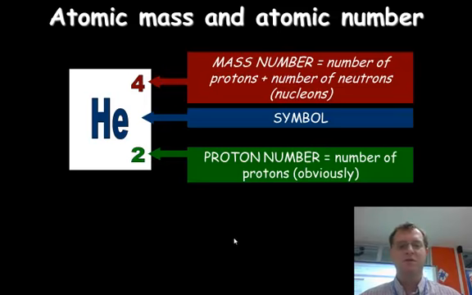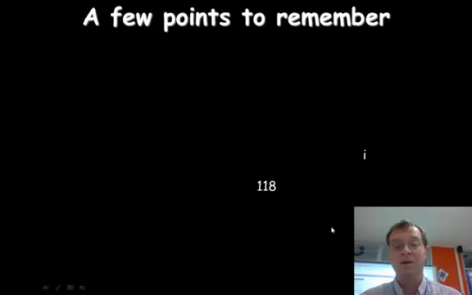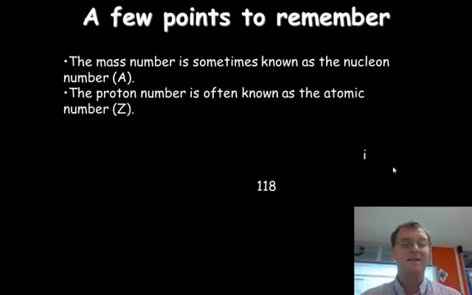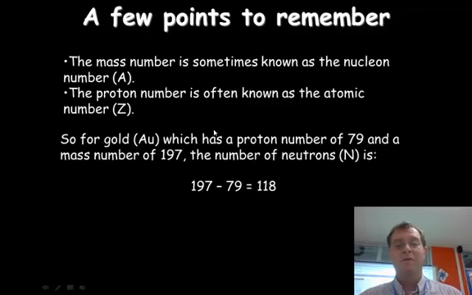Now it's important to recognize that the mass number and the proton number are related to each other. By looking at the relationship, we can work out some other things. The mass number, or the nucleon number, is often given the letter A, and the proton number, or the atomic number, is often given the letter Z. For gold, for instance, the proton number is 79 and the mass number is 197.